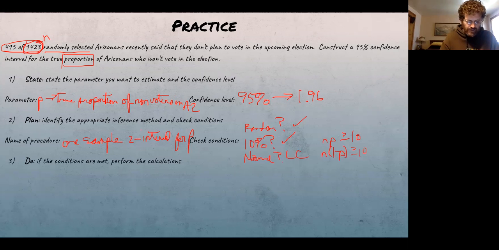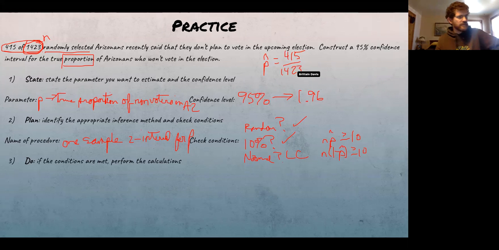But it is worth it right now to figure out what our p hat is. Our p hat in this case is going to be 415 divided by 1,423, and that is 0.2916.